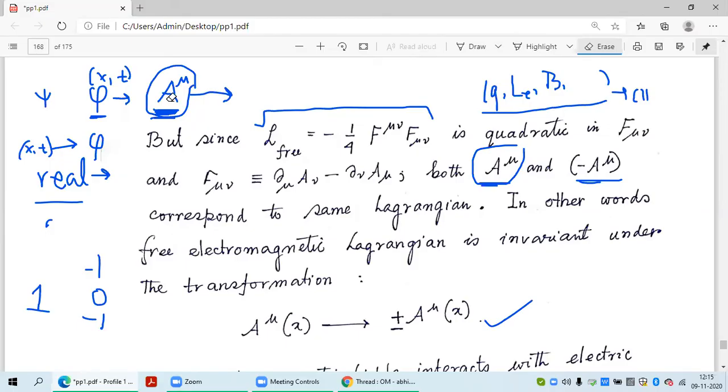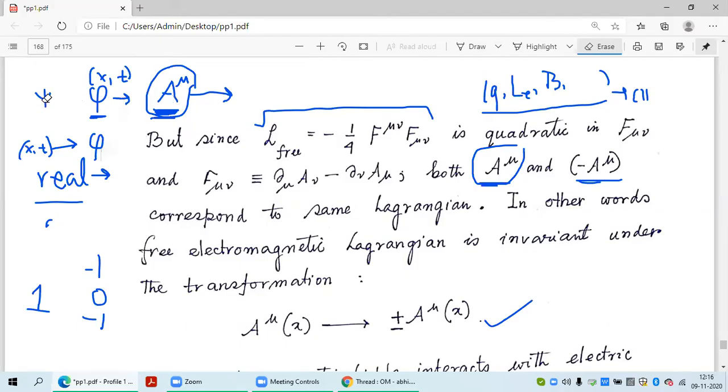So I have associated all these charges to intrinsic charges, which is electric charge, electron number, baryon number, all other numbers like color, strangeness, etc., to the charges. Any field which is real, whether it is a scalar or a vector field, so far as it is real, it must describe particles which are their own antiparticles.